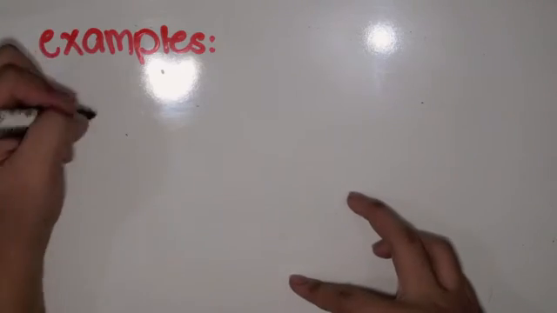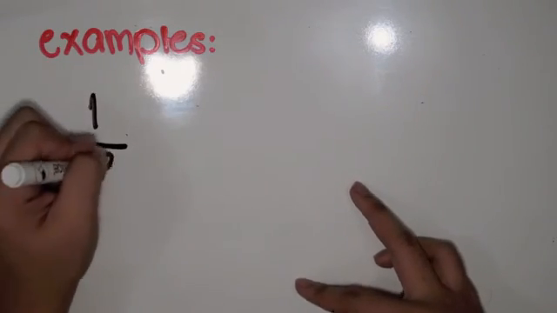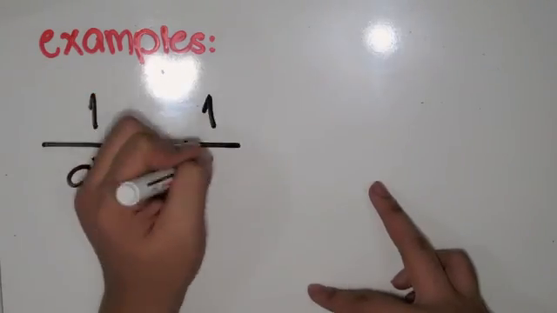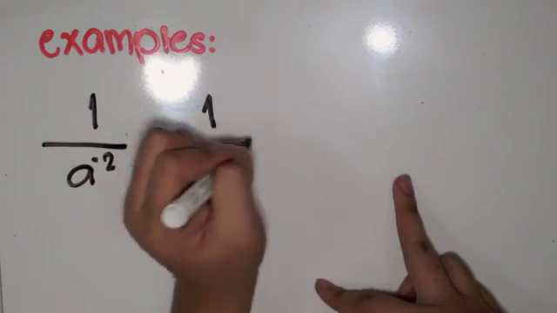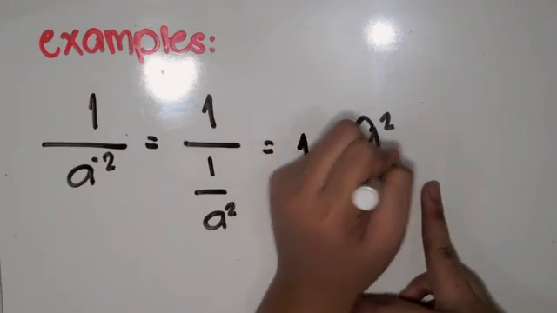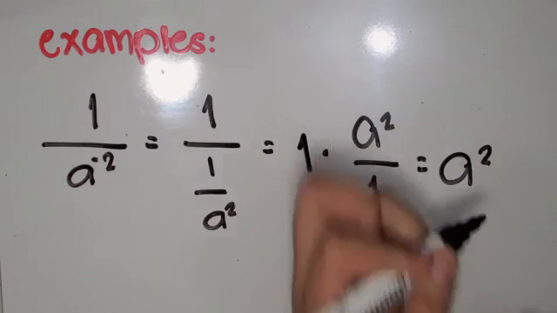Now we'll show you other examples. 1 over a raised to negative 2 is equal to 1 over 1 over a squared, which is equal to 1 times a squared over 1, which is equal also to a squared.